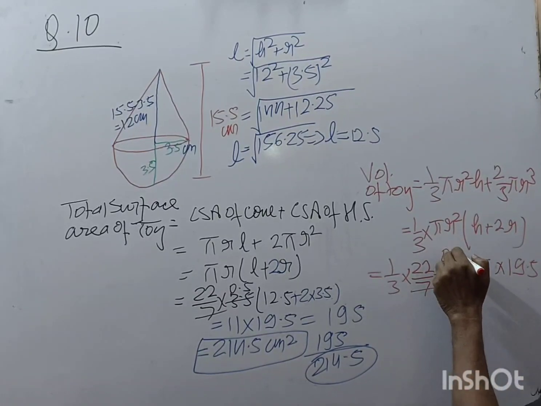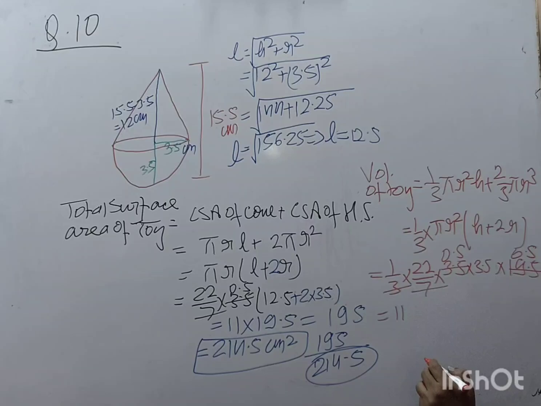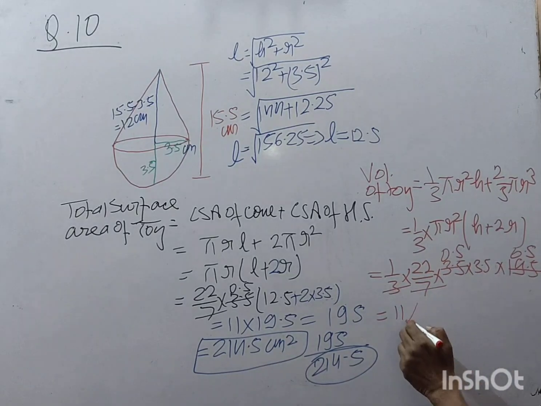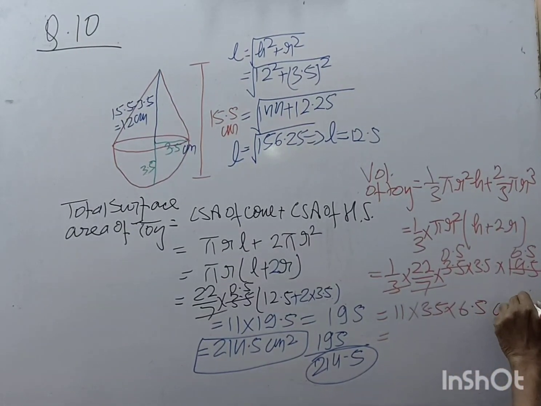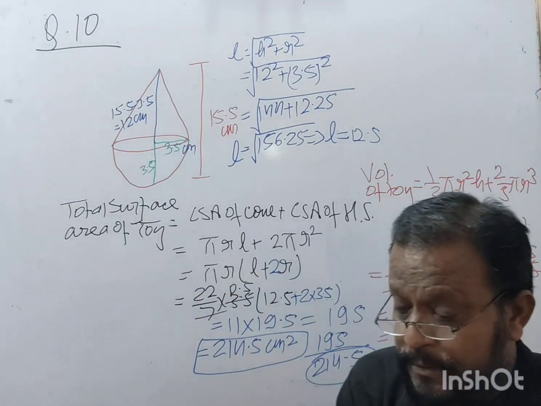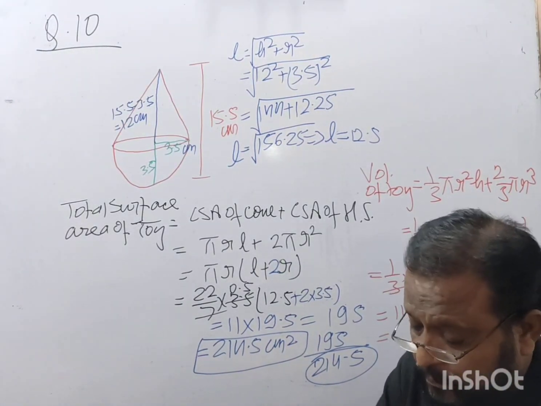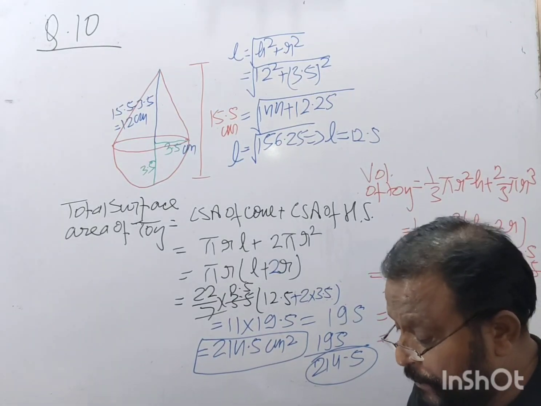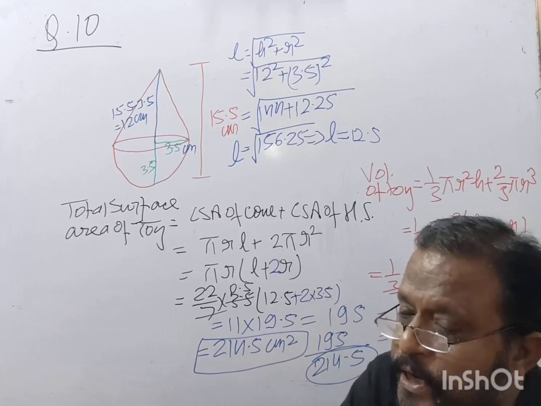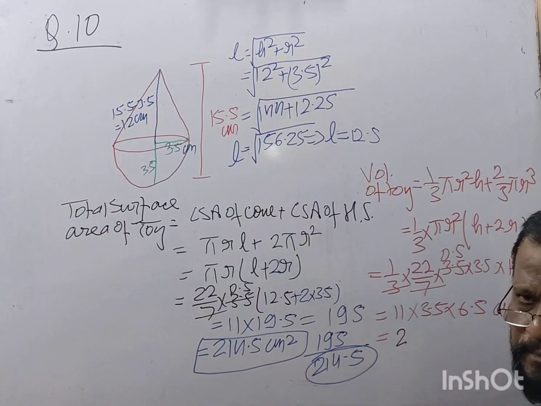Simplifying, you get 11 into 3.5 into 6.5 centimeter cube, which is 250.25. The answer given is 243.8.